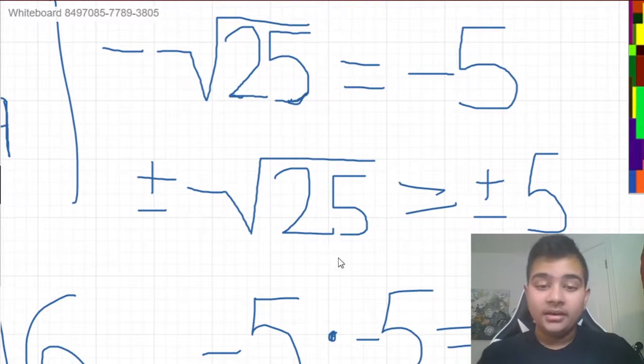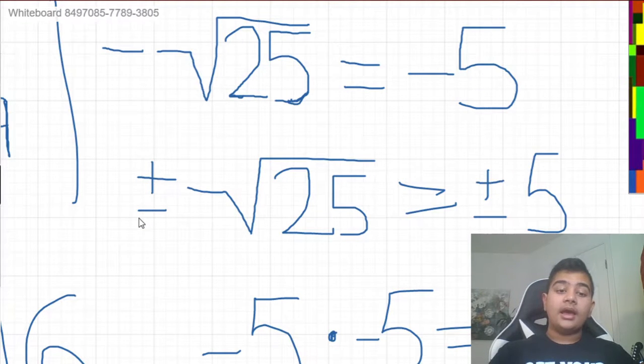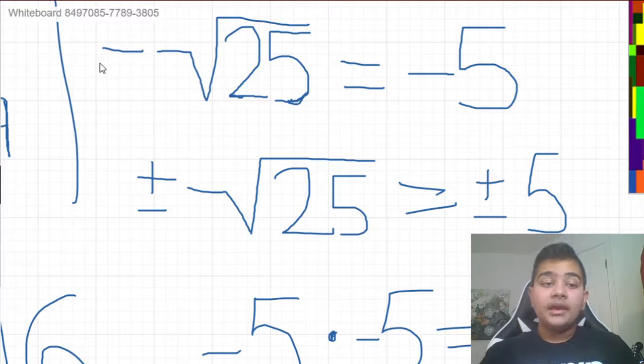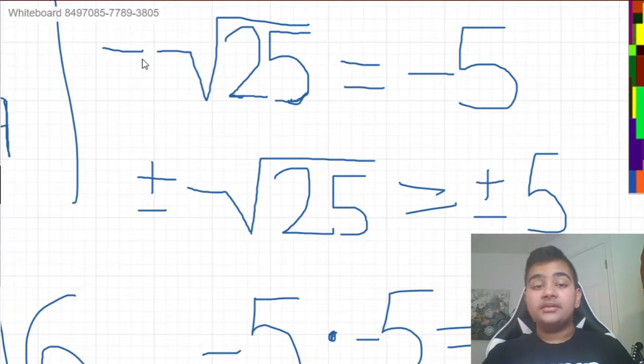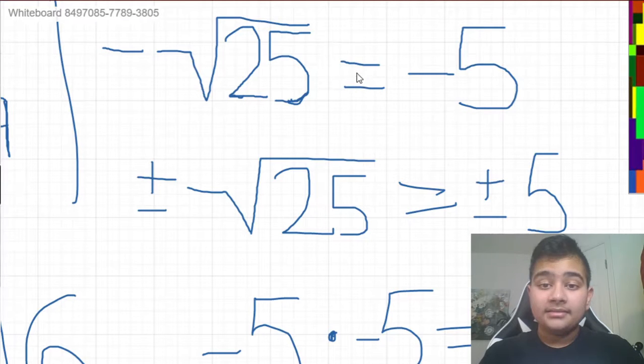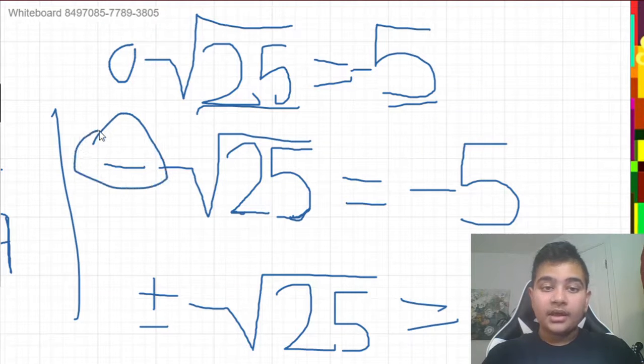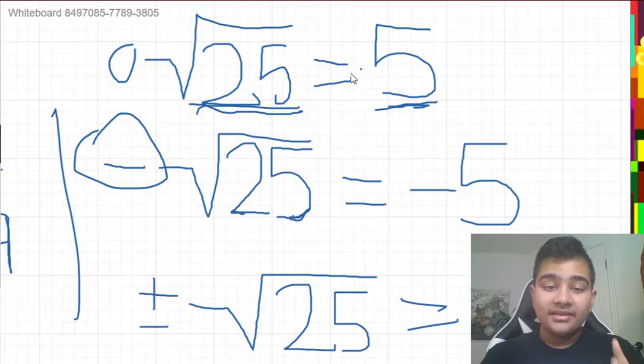So we can see here a plus sign before it and a negative sign before it. What does this mean? When you see this in an assignment, if there's a negative sign in front of it, that means your teacher wants to see the answer in negative. If there's no sign in front of it, they just want to see the positive number, which is 5.